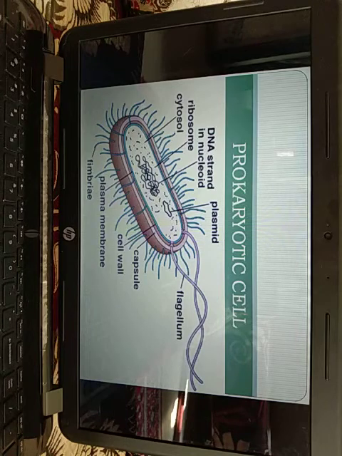Chromatophores of green bacteria are called chlorosomes. The photosynthetic pigments are bacteriochlorophyll, bacteriopheophytin, also known as bacterioviridin, and carotenoids.